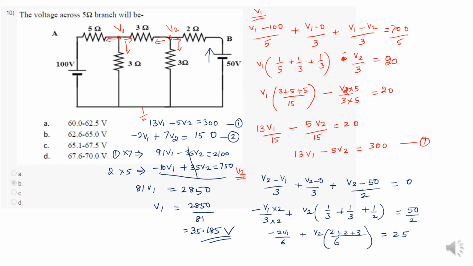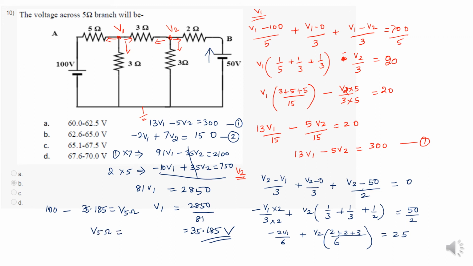Okay, but our answer is you have to find out the voltage across 5 ohm branch. So how to find this 5 ohm branch voltage? 100 minus this one, 35.185, that is equal to V5 ohm, isn't it? So V5 ohm equal to what?